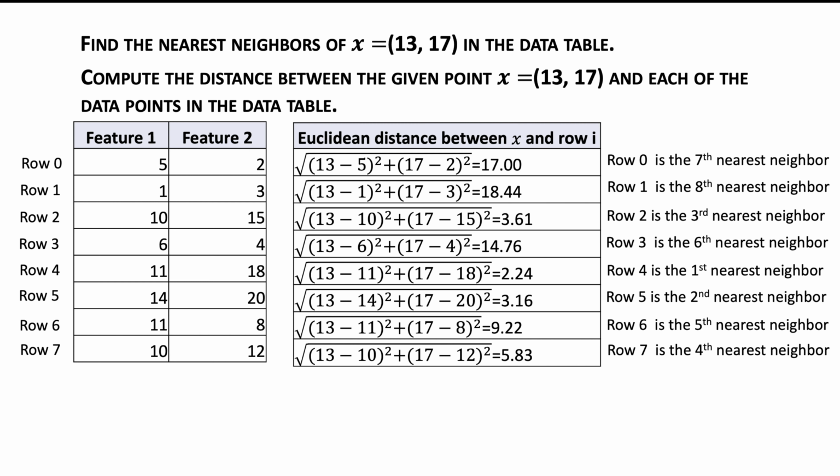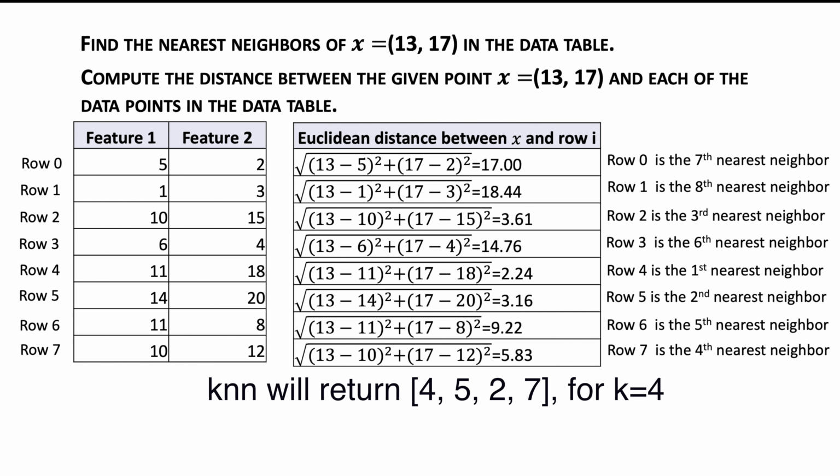In this example, the 4 nearest neighbors are row 4, row 5, row 2, and row 7. Hence, the KNN algorithm will return the list 4, 5, 2, 7 that contains the indices of the nearest neighbors of 13, 17.